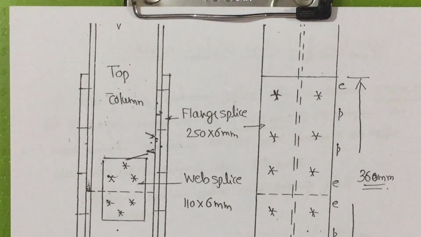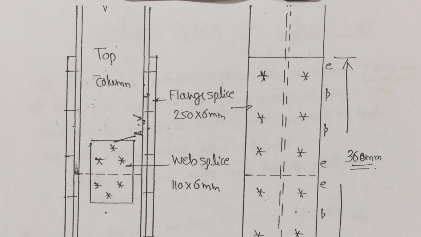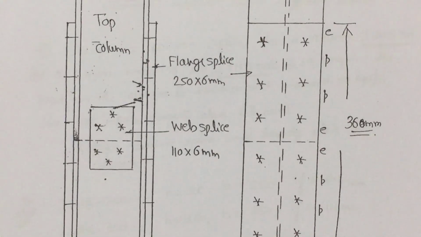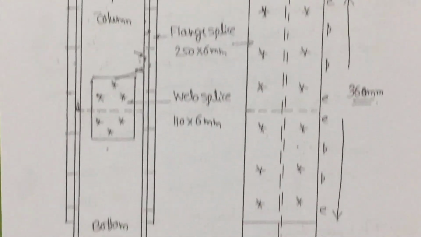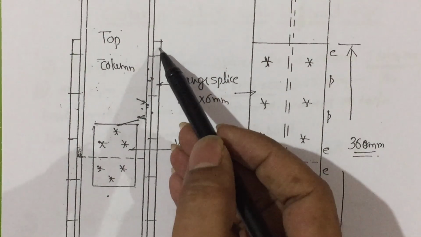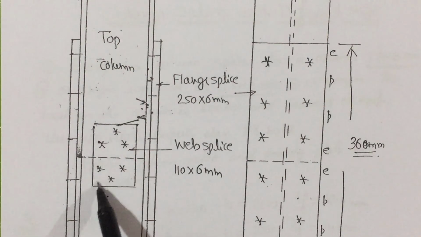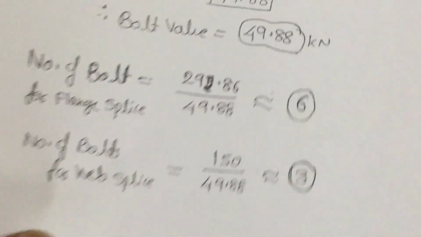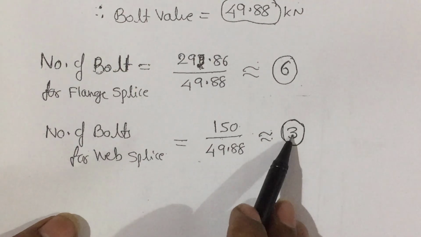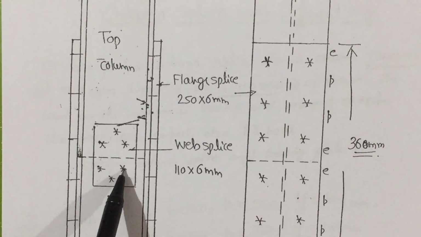So we have shown whatever we designed graphically. Here we have two columns, one is a top column and another one is a bottom column, and whatever plate you are seeing here will be the flange splice, and this will be the web splice. For web splice, we have provided 3 bolts on either side, 1, 2, 3, 1, 2, 3.